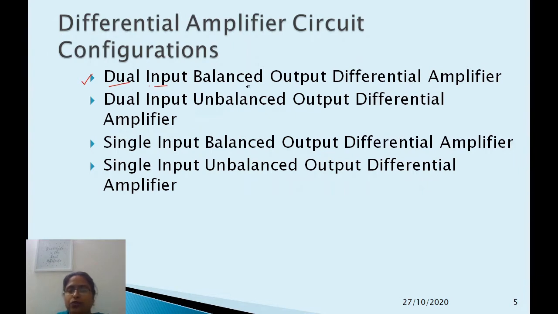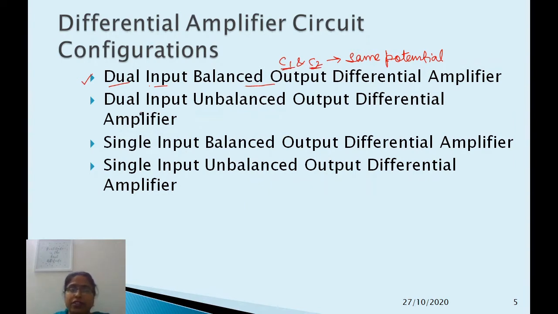Balanced output means the output is taken from the terminals C1 and C2. That is called balanced output because C1 and C2 are at the same potential. That's why the output is termed balanced, because we are taking it from the collector terminals of both transistors.